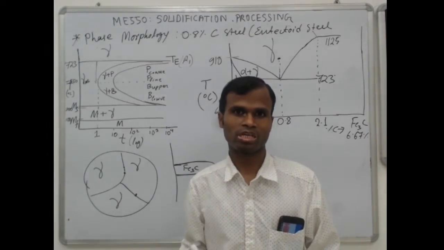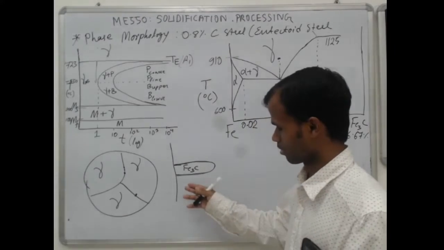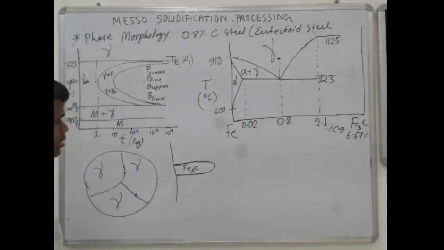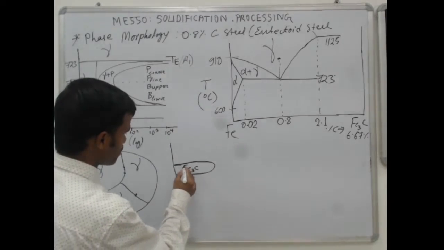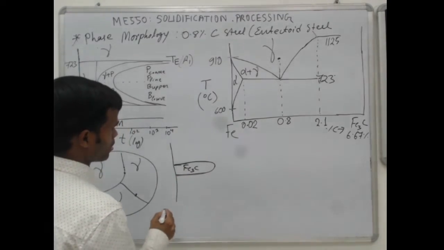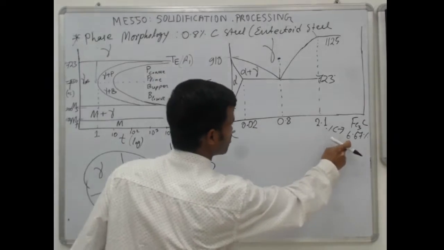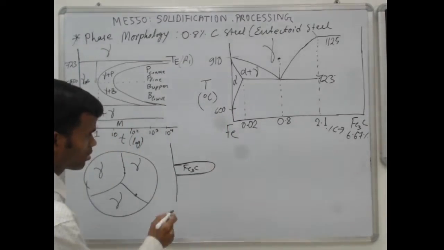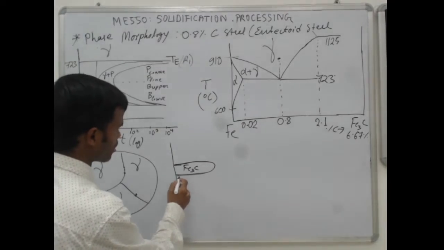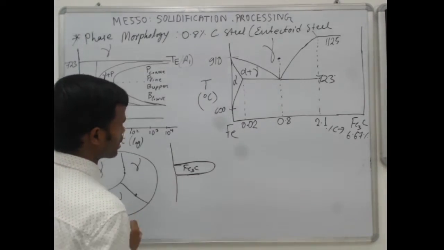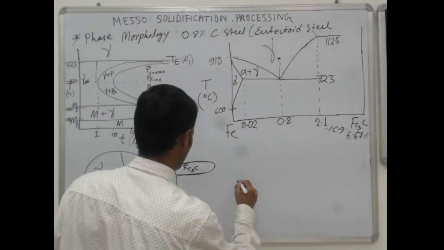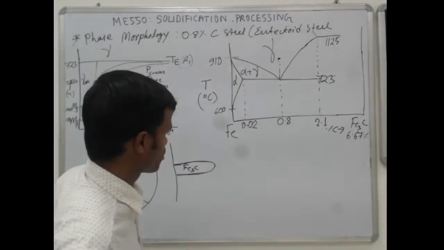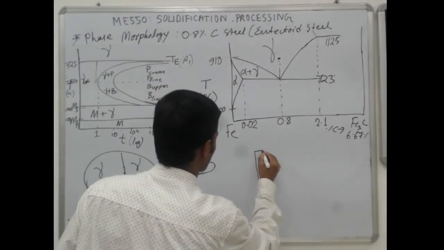So it will always have a certain shape. Suppose this is one Fe3C nucleated. In order to nucleate one Fe3C, which has a higher carbon percentage, it has to take carbon from the surrounding material. Let us draw it in different ways. Suppose this is one Fe3C.